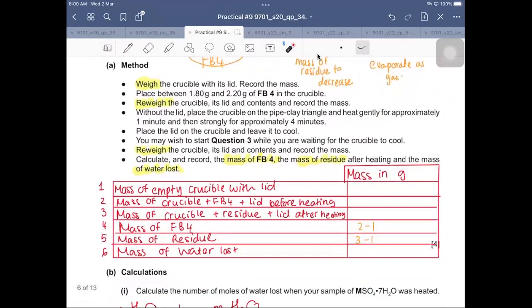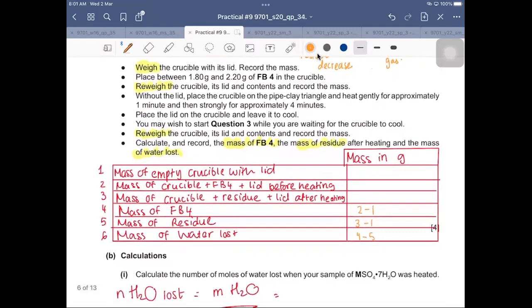So mass of water loss is 4 minus 5. Are you all okay so far? Does that make sense, how you calculate the mass of solid, residue, and water loss? If you don't get it, please let me know.